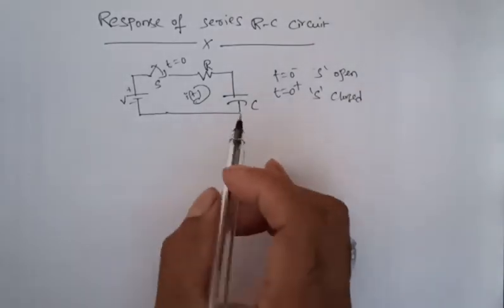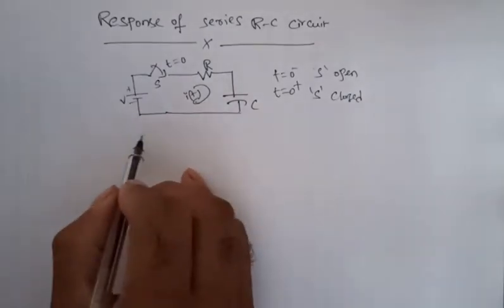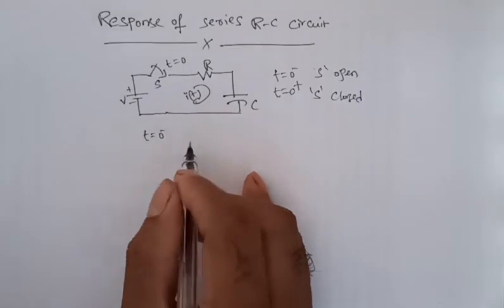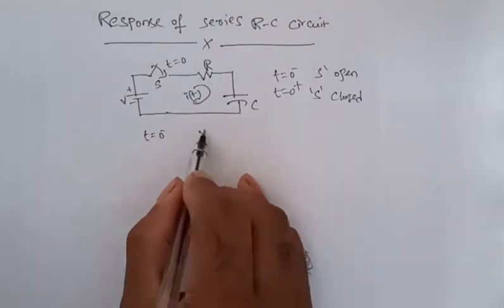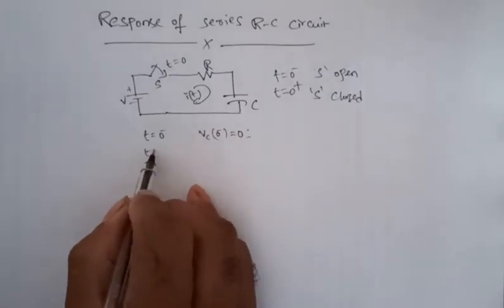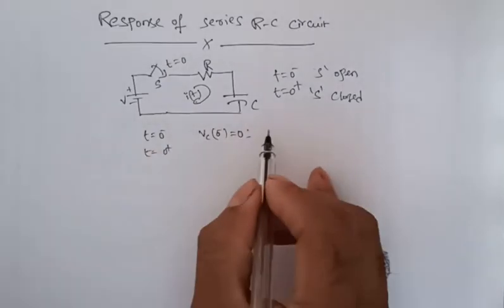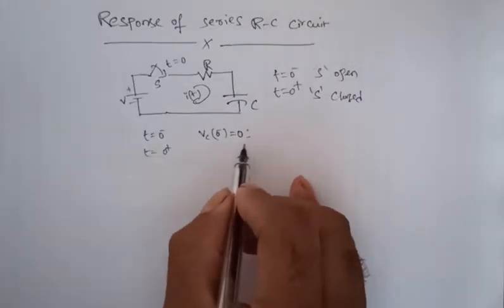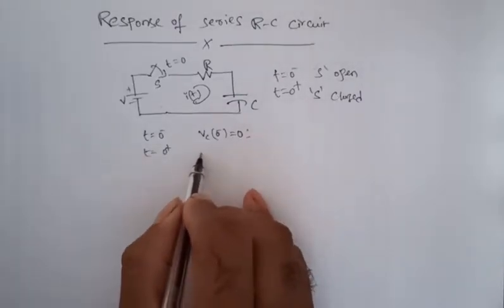Now let us consider the initial conditions of the circuit. At t equal to 0 minus, we are assuming that initially there is no charge in the capacitor. That means Vc(0 minus) equal to 0. So at t equal to 0 plus, capacitor never allows sudden changes in the voltage.